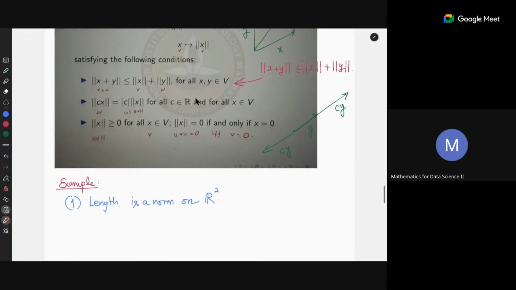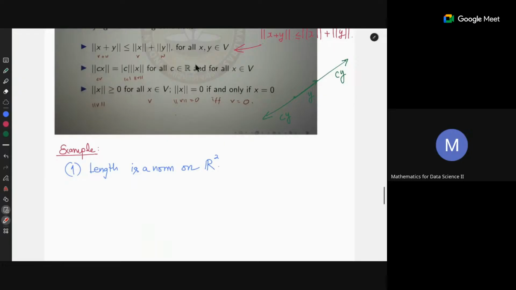Now, the first example that you will see is the length itself. Length on R2 defines a norm on R2. It is easy to check. We already know that it satisfies the triangle inequality, so that is checked. So let me just quickly recall what the length is. We define the length of the vector (x, y) to be the square root of x square plus y square.